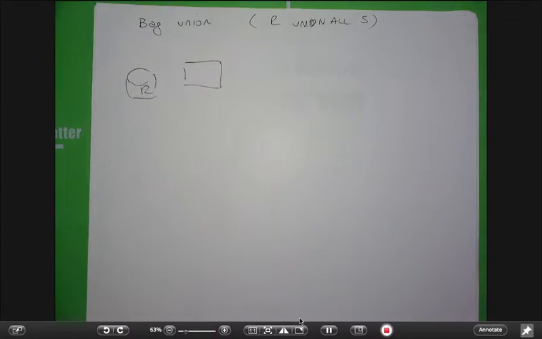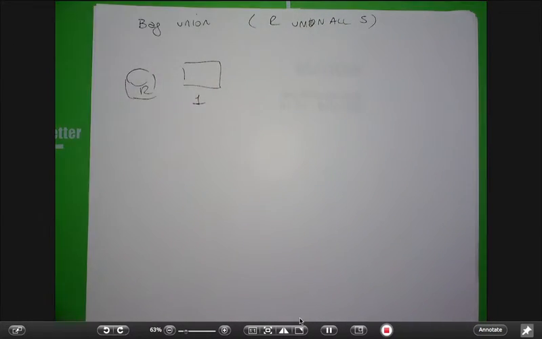Now, what if I had bag union? That's super easy. For bag union, I don't need to keep track of whether I have seen a tuple or not because every tuple should be in the output, right? So this is our union all. That means, in fact, I don't really need the space.